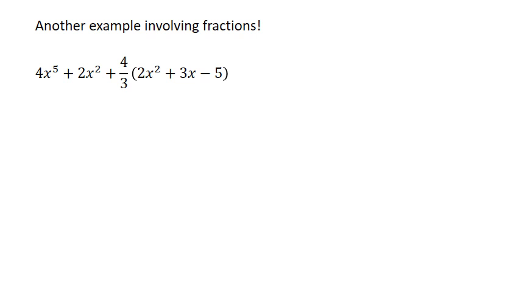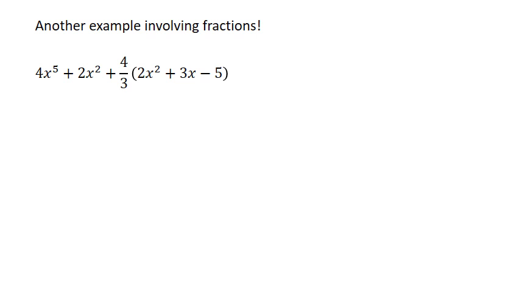We've got one more example here that we want to do, and it's an example involving fractions. So we want to make sure that we can do these not just with whole numbers, or integers I should say, but also fractions. So I've got 4x to the fifth plus 2x squared plus 4/3 times 2x squared plus 3x minus 5.